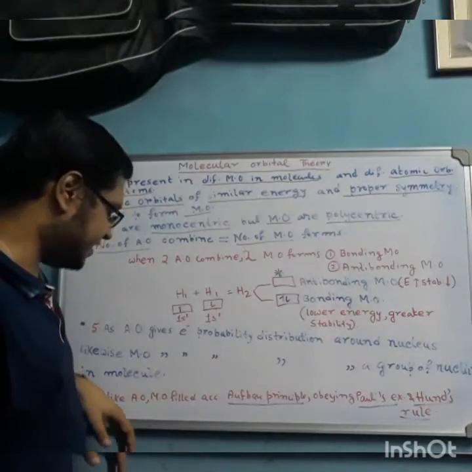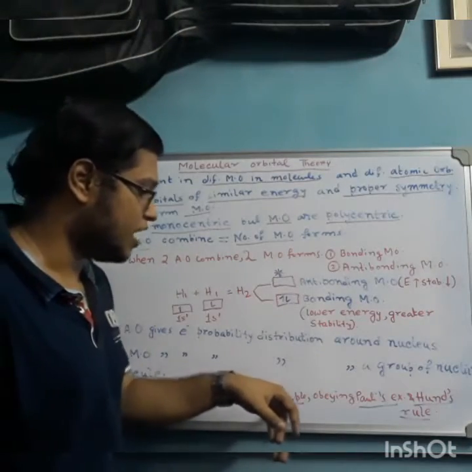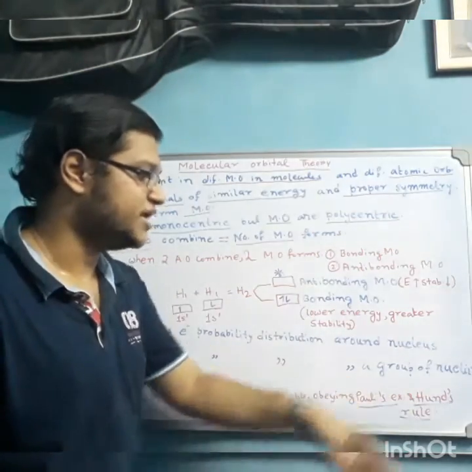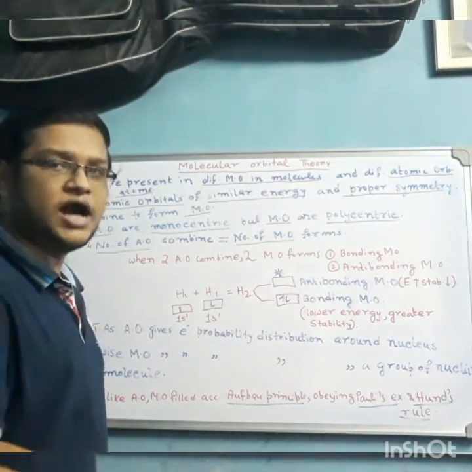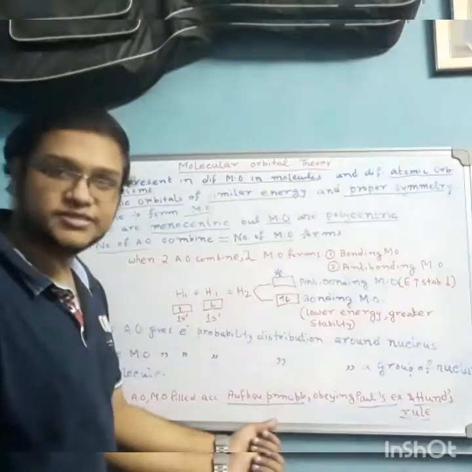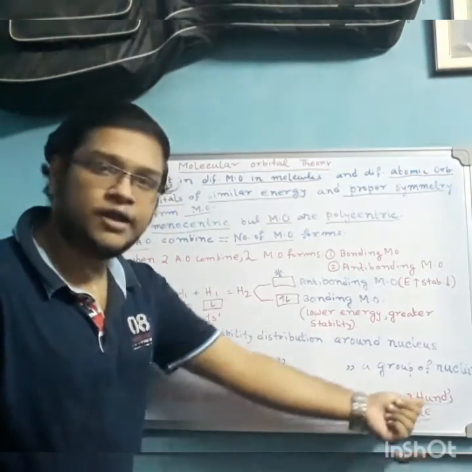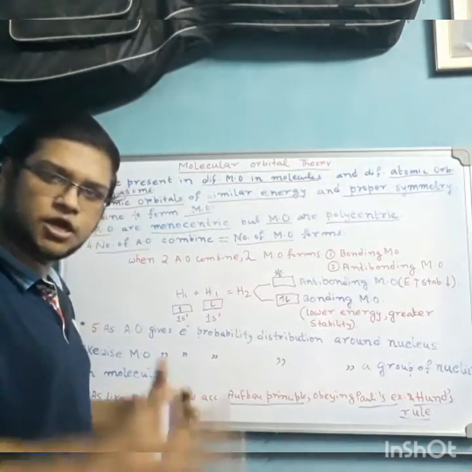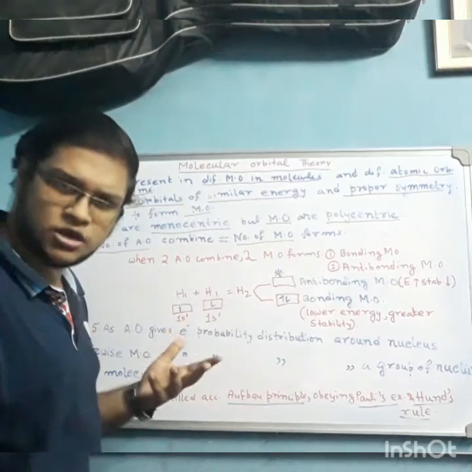Next, like atomic orbitals, molecular orbitals are filled according to the Aufbau principle, obeying Pauli's exclusion rule and Hund's rule. When atoms combine to form a molecule, that molecule will have molecular orbitals.